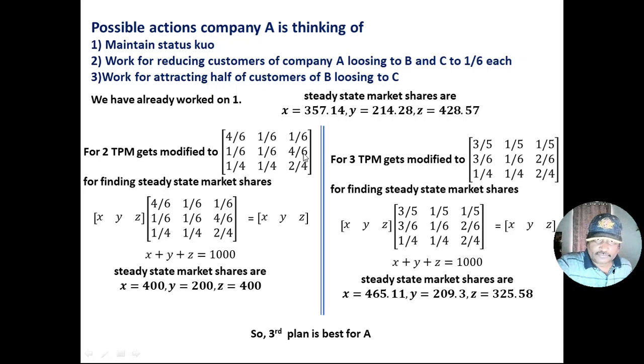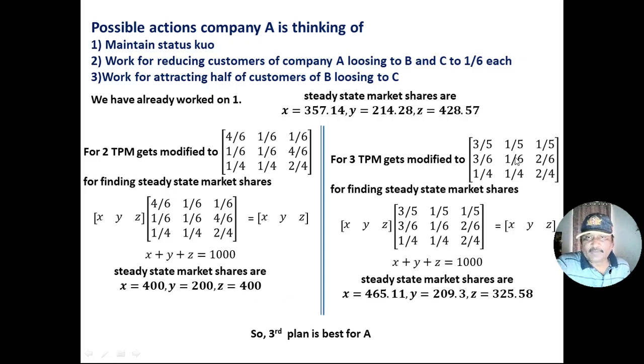Now this changed market share, this changed transition probability matrix, what are we going to do with that? XYZ multiplied by the transition probability matrix is equal to XYZ, and this equation in addition. Solving three equations out of these four, I get the market composition as X equal to 400, Y equal to 200 and Z equal to 400.